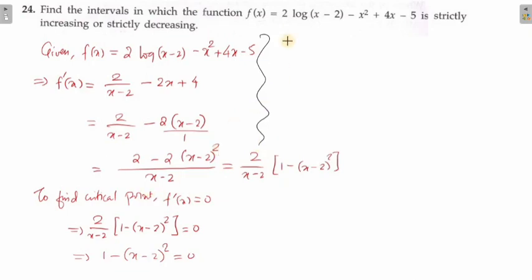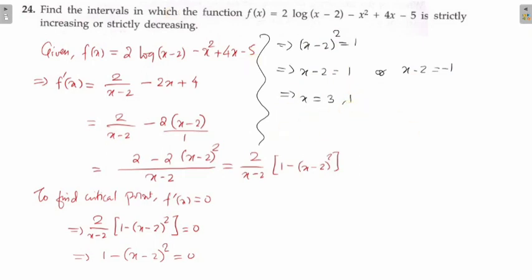So from here, (x - 2)² = 1. So x - 2 will be either 1 or x - 2 = -1. Simple, because when you take the square root you get plus minus. So from here x will be 3 and from here x will be 1.